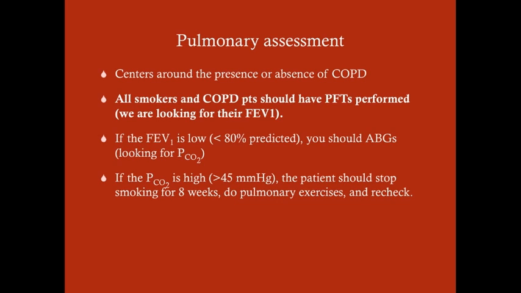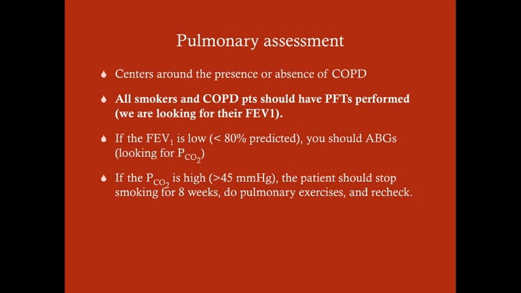If their FEV1 is low, meaning less than 80% of predicted, remember that the normal FEV1 is 80 to 120% of predicted, you should get ABGs, arterial blood gases, and in that case you'll be looking for their partial pressure of CO2.